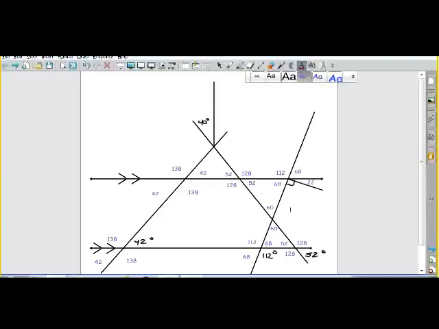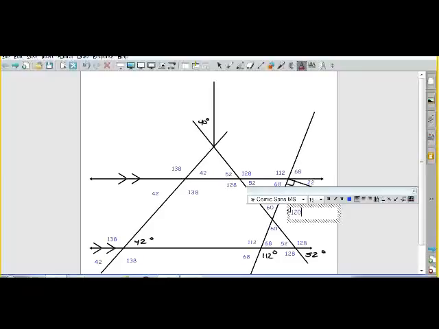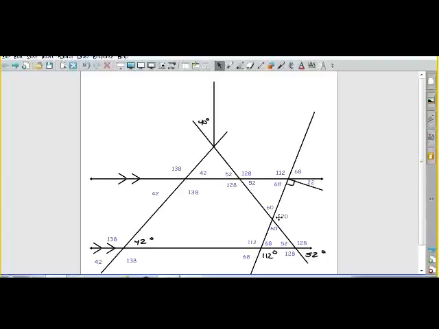So we write in 120. 120. So that goes there and there. And if we did everything correctly, these three added together should be 180, which they are.